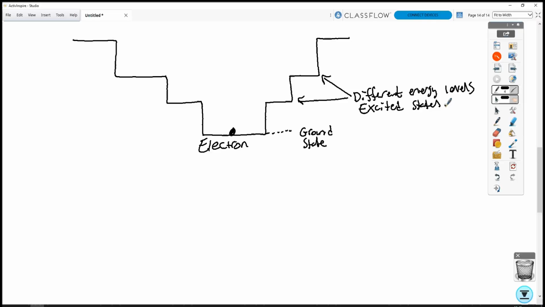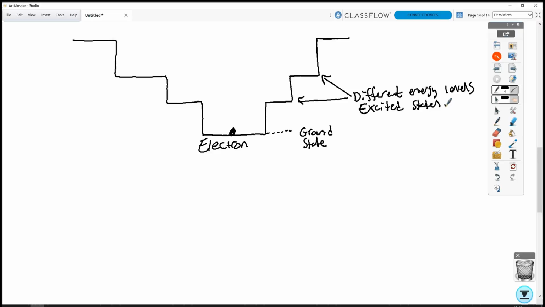Now, the electrons can only exist at those different steps. They cannot exist in between those steps. So you can't have an electron that's floating around halfway between two energy levels. The energy levels are discrete.